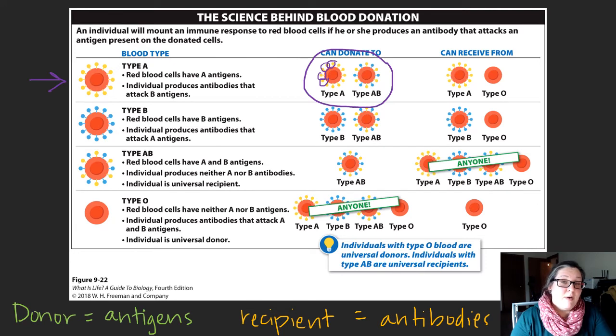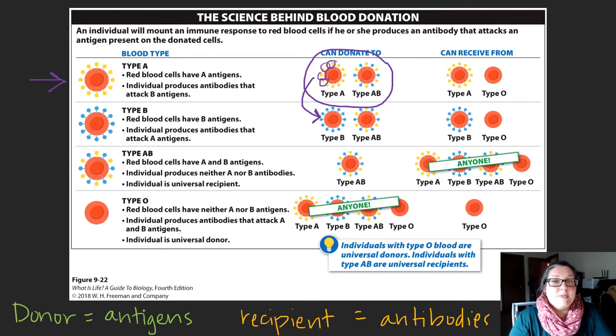So if I'm thinking about the person going to receive that blood, they don't make the antibodies that are going to attack it, right? We don't want that. If I were to donate to type B blood, they make A antibodies. They don't want that in foreign blood, and so they would clot the blood, and that would be very, very bad for them. Let's not do that.